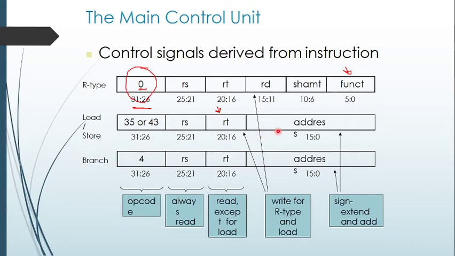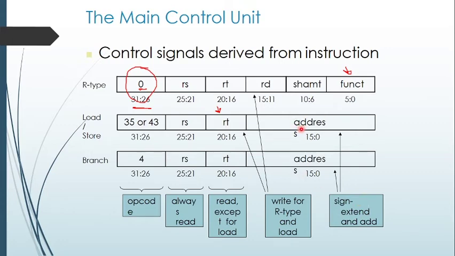There is the constant field or address for our load store instruction. That constant is a 16-bit constant, the value that is used as offset for load and store instruction. It's a signed 16-bit number, so when it's extended to 32 bits, it's extended with sign.